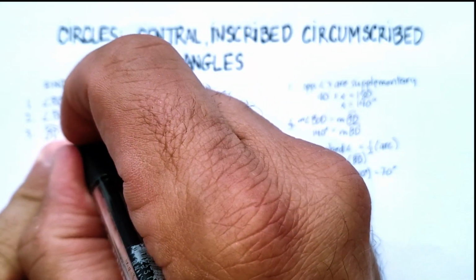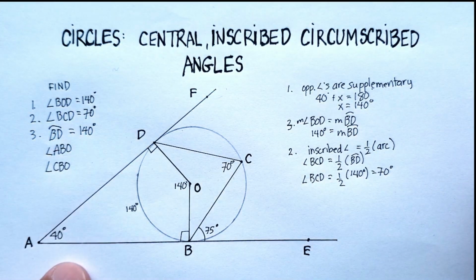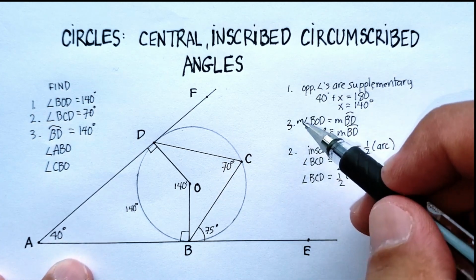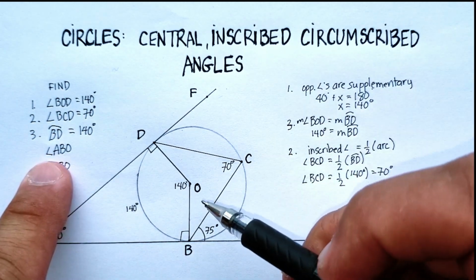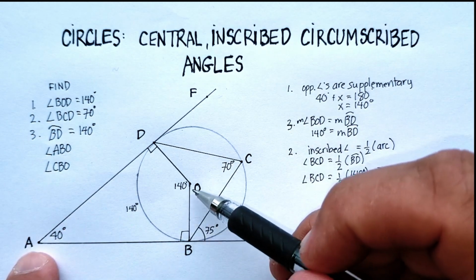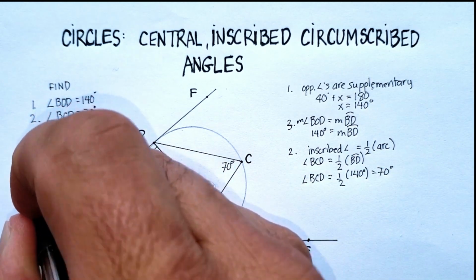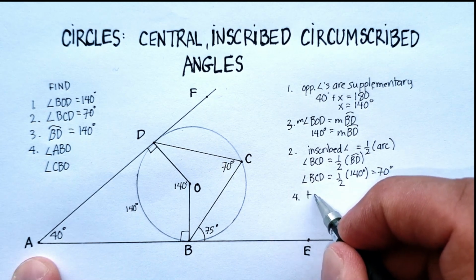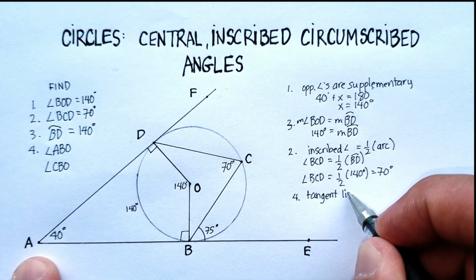All right, see how we're doing? We're just building on information that we find from previous things. So number 1, number 2, and then number 3. Now let's look at what else can we find here? Let's look at number 4. Where's A? There we go. A, B, O. Well, that's actually a definition, wasn't it? We know that tangent lines, so number 4, tangent lines form perpendicular to the center.